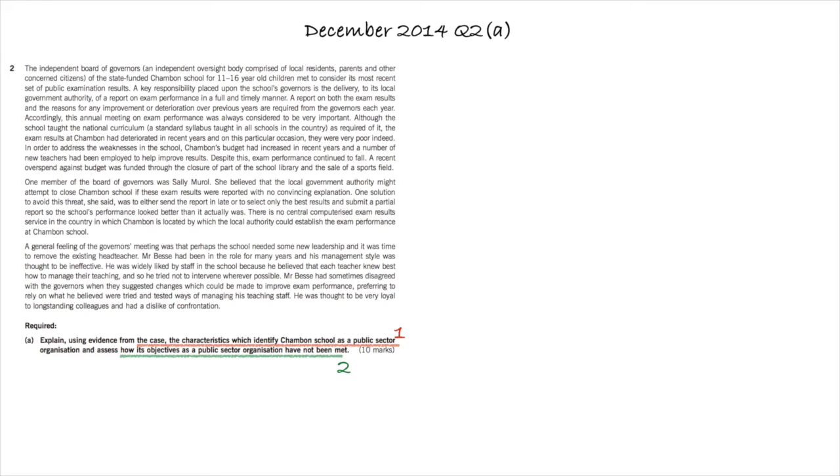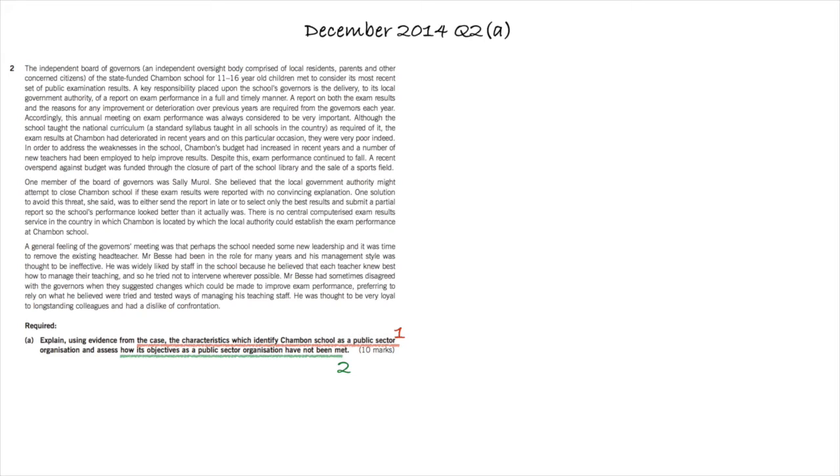So actually part A is 2 requirements. And if you just do one part, talk about the characteristics, for example, and don't talk about how its objectives have been met, you're not going to get your marks. In fact, you're going to get half or less than half.